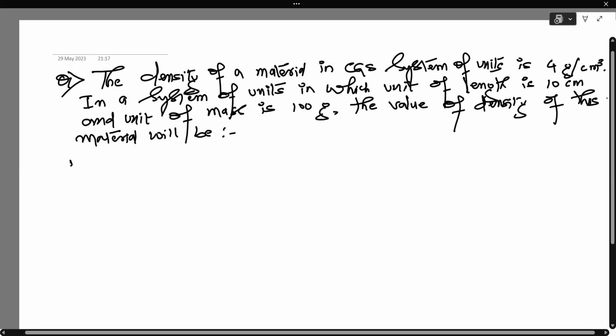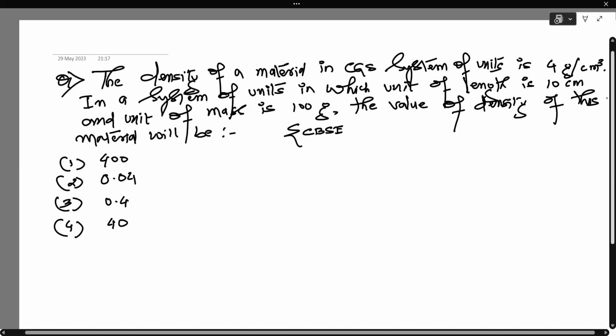Options: option one is 400, option two is 0.04, option three is 0.4, and option four is 40. This is a question from a CBSE PMT type exam.